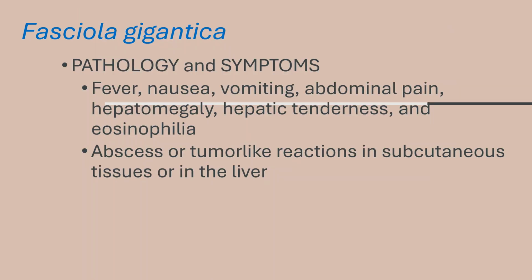As for the pathology and symptoms, the infection is caused by the presence of adult worms in the bile duct. Please note that the prepatent period between the infection and the presence of adult worms in the bile ducts is 9 to 12 weeks.